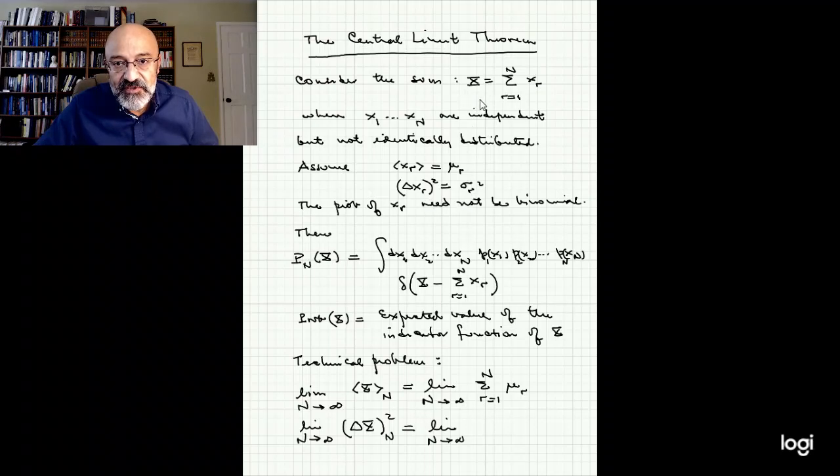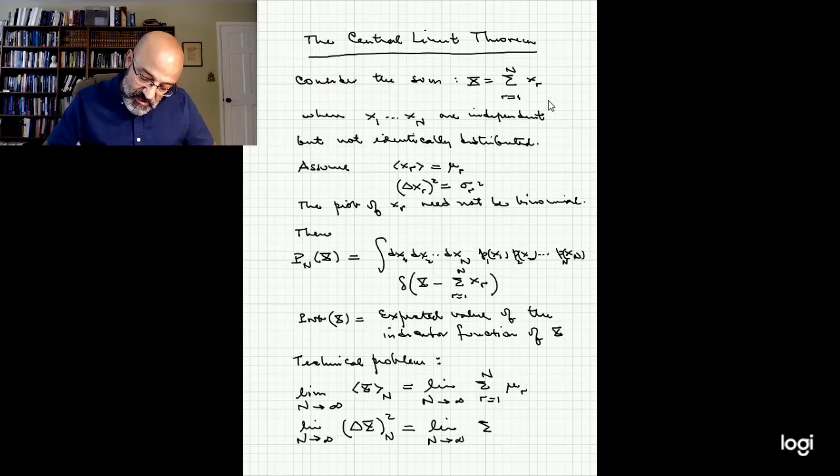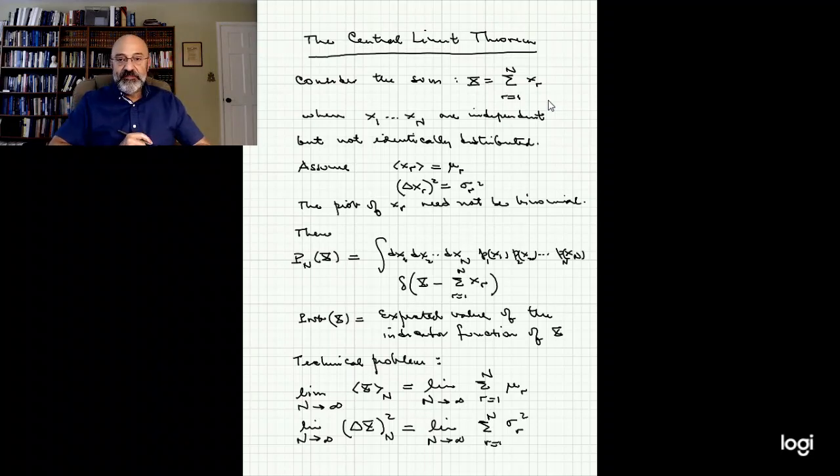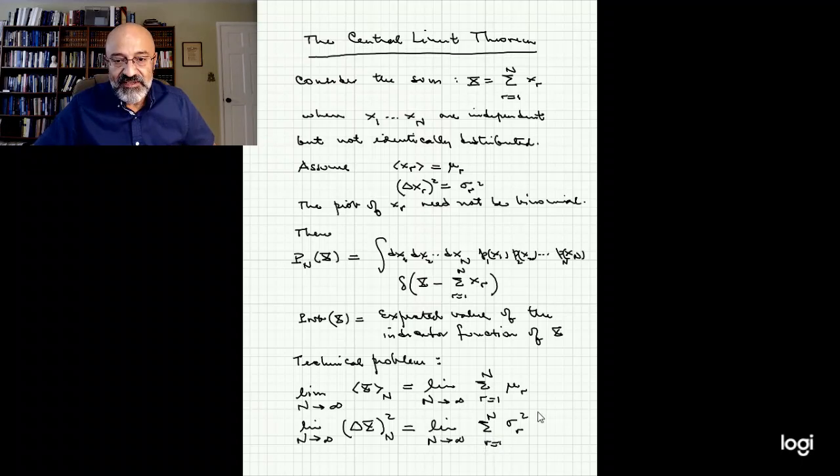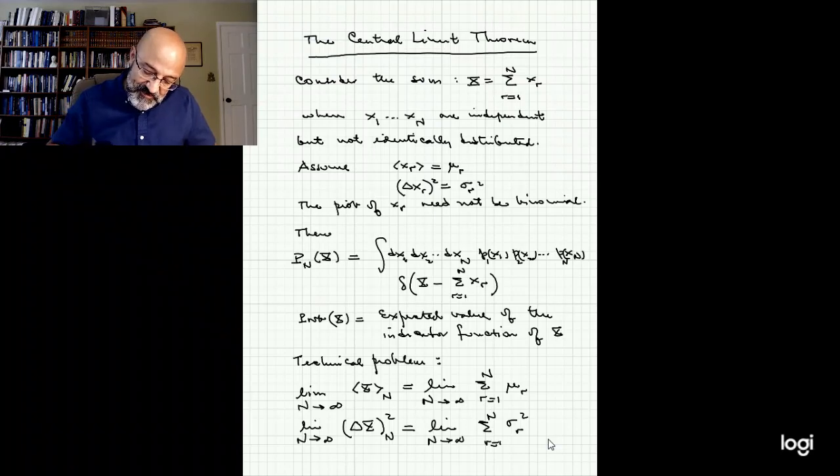We already saw that when you have a sum of independent variables, the variance of the sum is the sum of the variances. So this is going to be something like that. And so now you see that you have a real problem again. These limits do not exist. So how do we solve this problem?